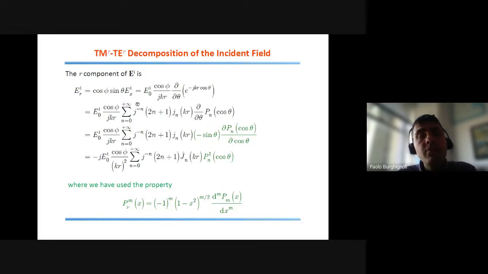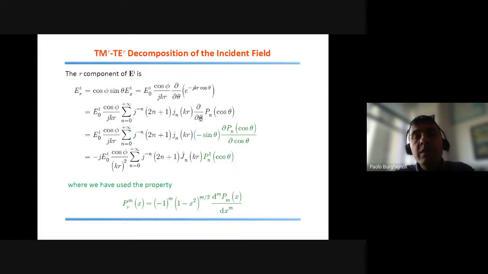That is, as an infinite summation of some numerical factors times a spherical wave function, j sub n, where the order n goes from 0 to infinity, times a Legendre polynomial, this P function with the index n, whose argument is the cosine of theta.